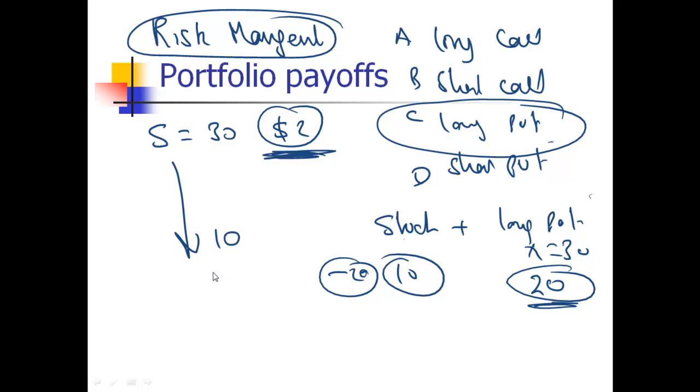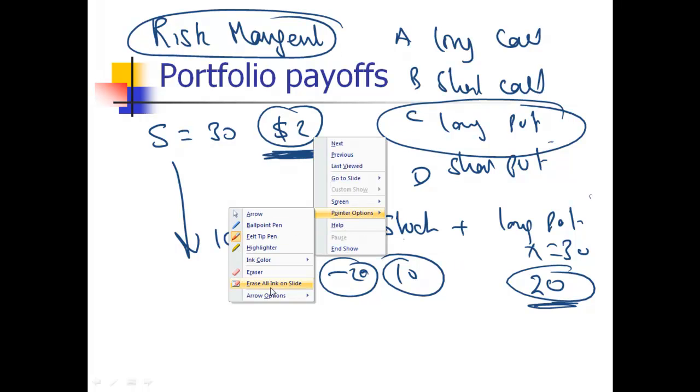You pay them a premium, and then if you have a loss, they, at least in theory, compensate you for the loss. So that's what the put option is doing. So this is a classic example of a risk management strategy using put options. Okay, so that's one important point.